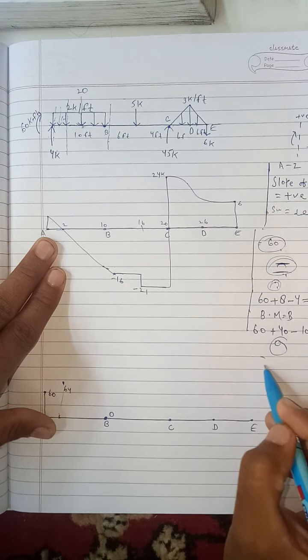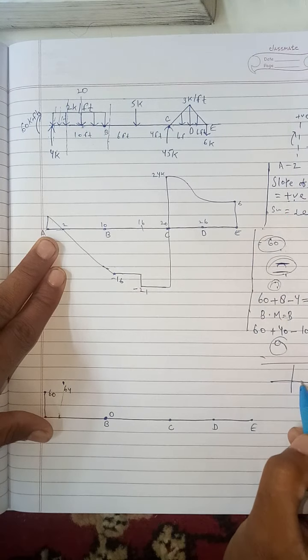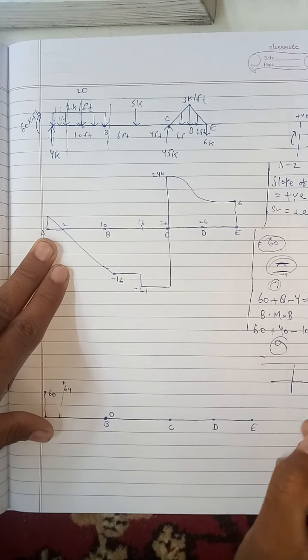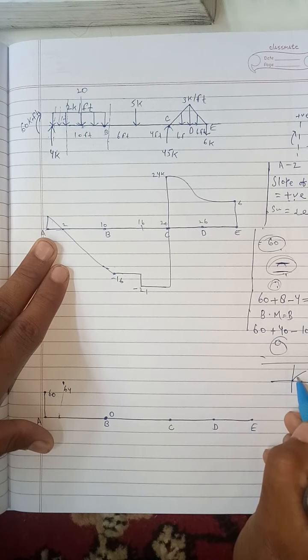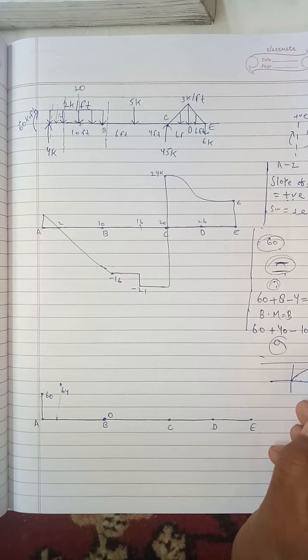So how can we draw this? This slope is positive, so this is in the first quadrant, and from A to Z it is decreasing. It means at A the slope is more and at Z the slope is less. So it will be like that. Here is more inclined, here is less inclined, so here is less slope.